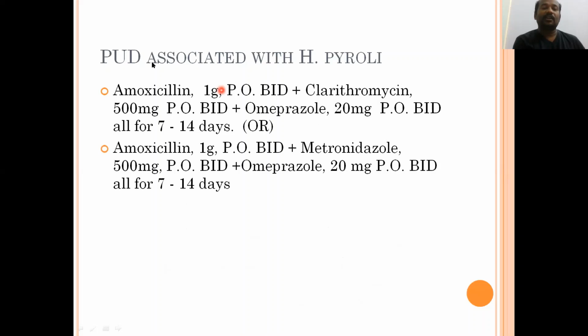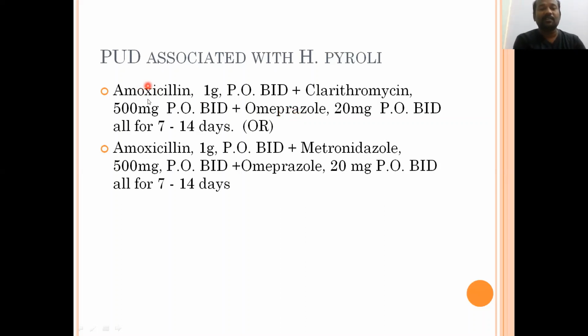If it is peptic ulcer disease with H. pylori infection, we need to go with the following treatment. So we may include two antibiotics plus a proton pump inhibitor such as omeprazole, rabeprazole, pantoprazole, whatever we need, we may combine.